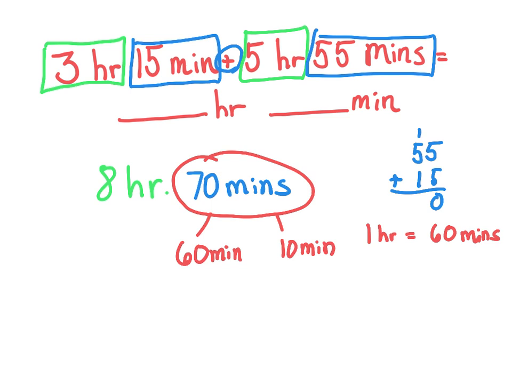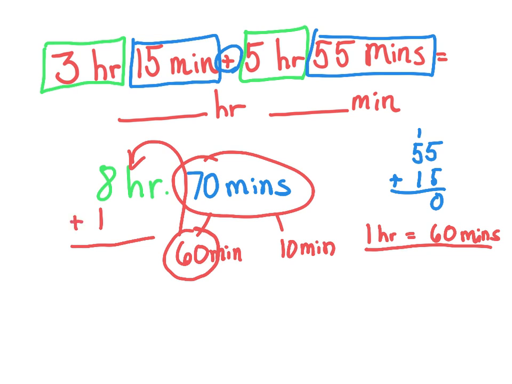And let's give the 60 back over to the hour. And we know that 1 hour equals 60 minutes, so we're going to add an hour here to give us 9 hours. And what's left over is 10 minutes. So we have 9 hours and 10 minutes.